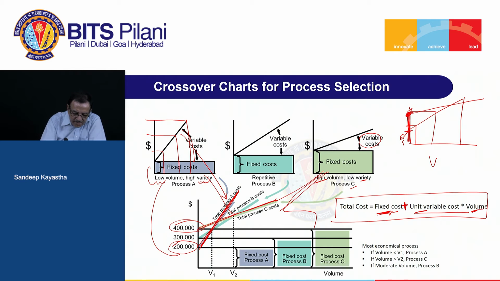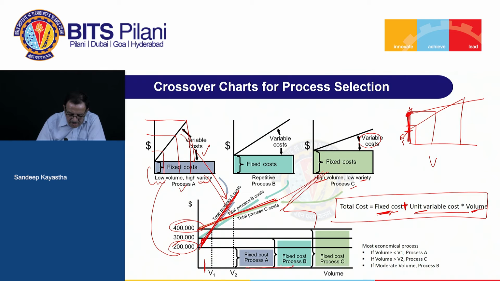So what we find is when volumes are low, this is the curve which is lower, which means this particular economics works. When volumes are low, go for process A, that is, the process which is actually process focused.